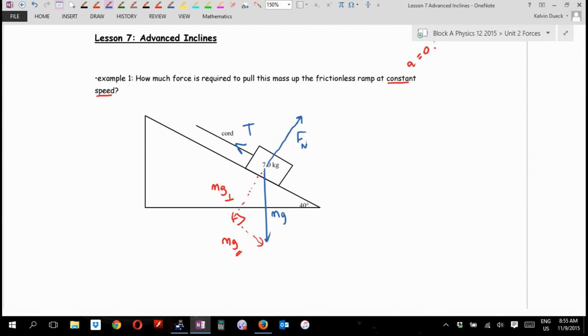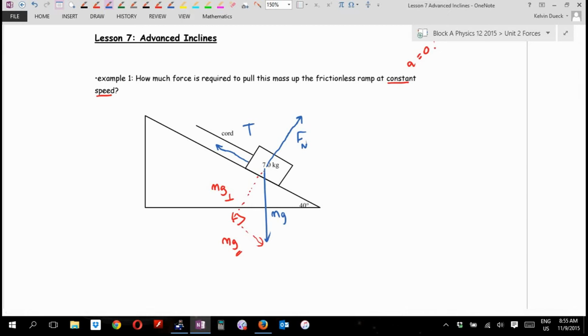If I did draw tension in as a separate arrow, how long would that arrow end up being in this question? Exactly the same as what? Parallel. So maybe I might even do that, because that's a good teaching moment. Right about there. Tension. Who's winning? It's a tie.